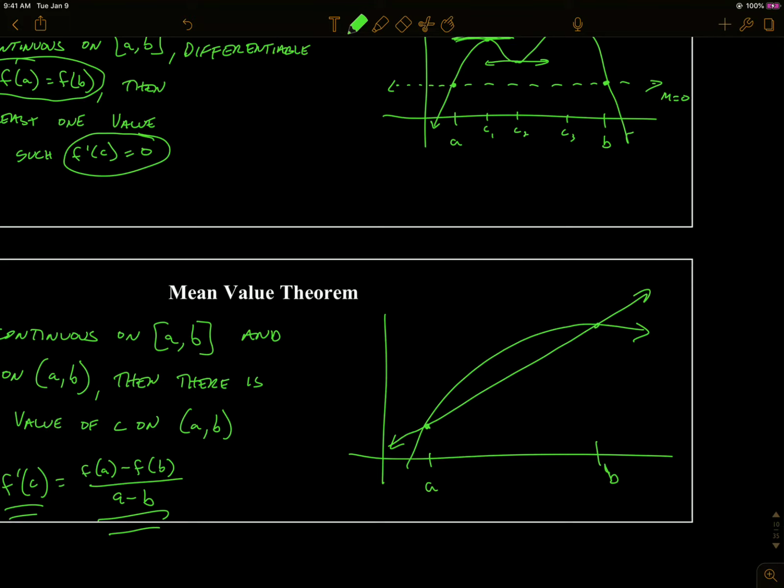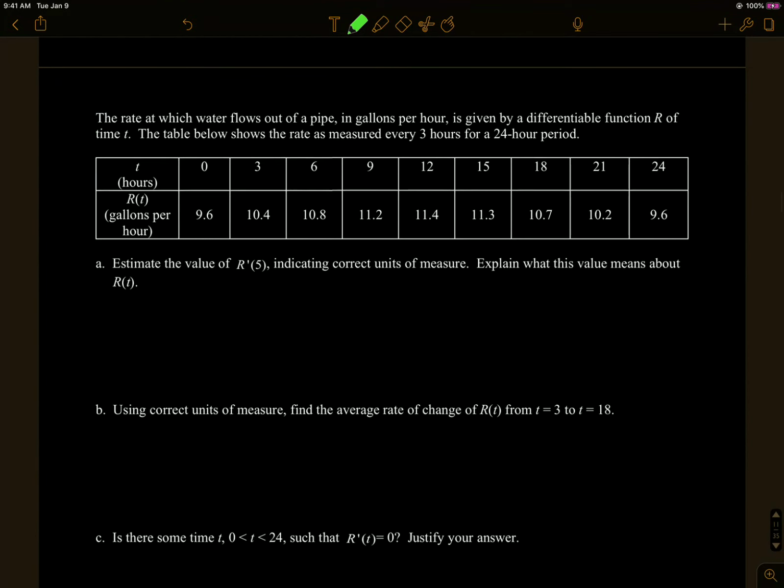At some point in this interval, let's say right here, some c value on the interval, the slope of the tangent line will be equal to the slope of the secant line. So the instantaneous rate of change will be equal to the average rate of change. All right, so let's look at how we use these in some problems.